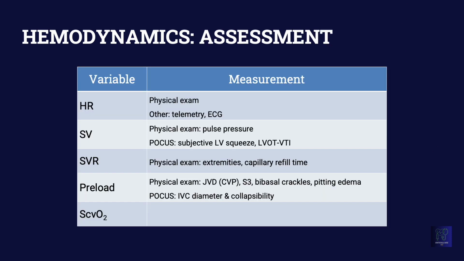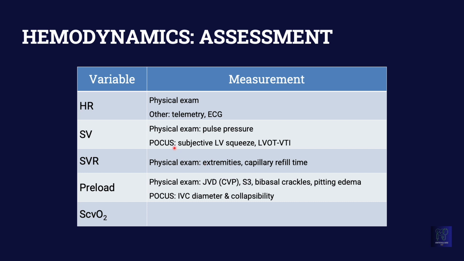All this data can be easily identified or estimated. For example, heart rate needs a simple physical exam, and using tools like telemetry and ECG, we can even get this data retrospectively. Pulse pressure, which is the difference between systolic and diastolic blood pressures, is considered a surrogate for stroke volume. So, lower pulse pressure means lower stroke volume.